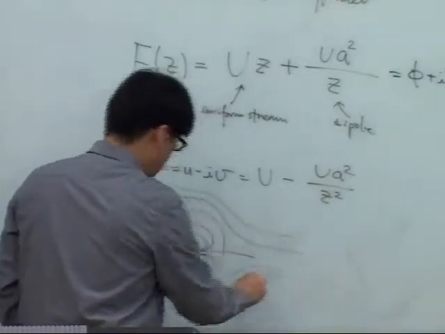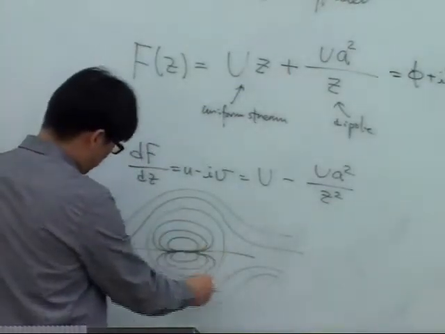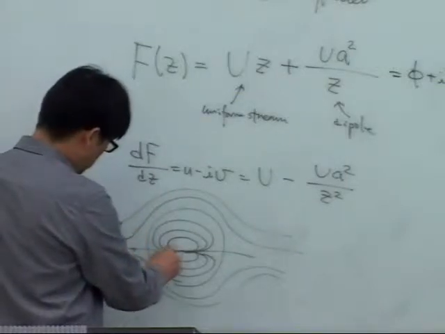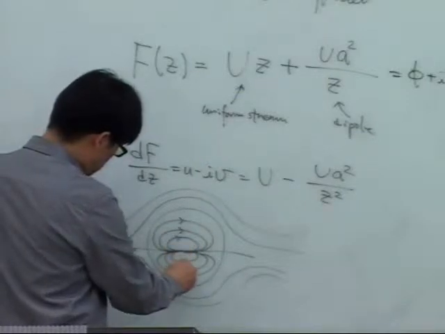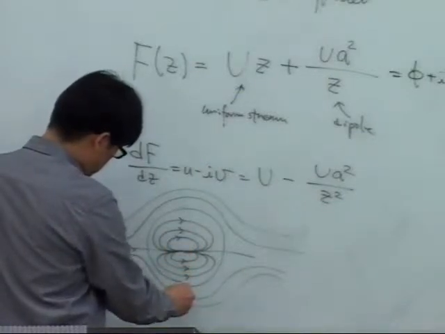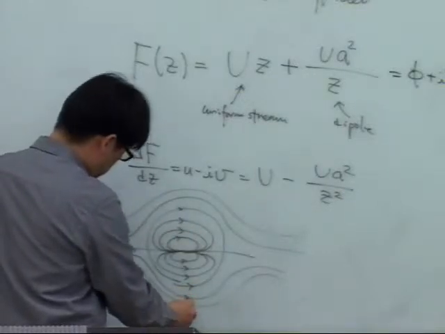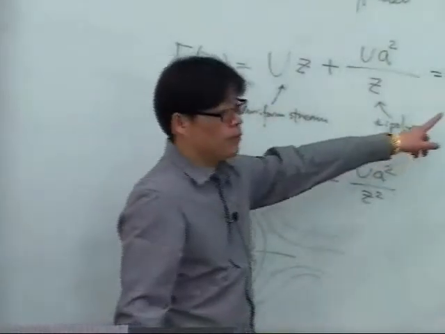Okay, so these are streamlines. This circle is a boundary, and the flow direction is this way. So you can draw streamlines from this stream function.